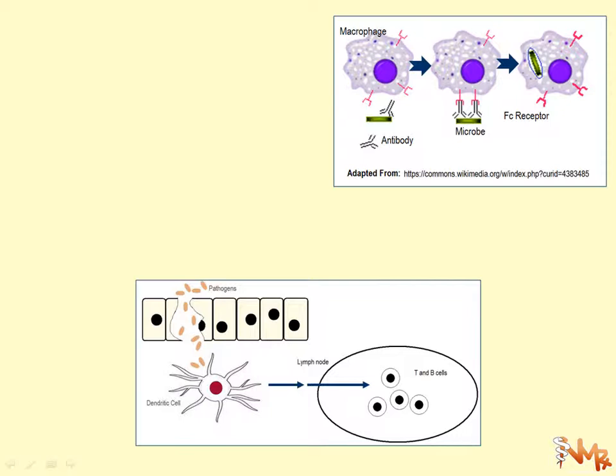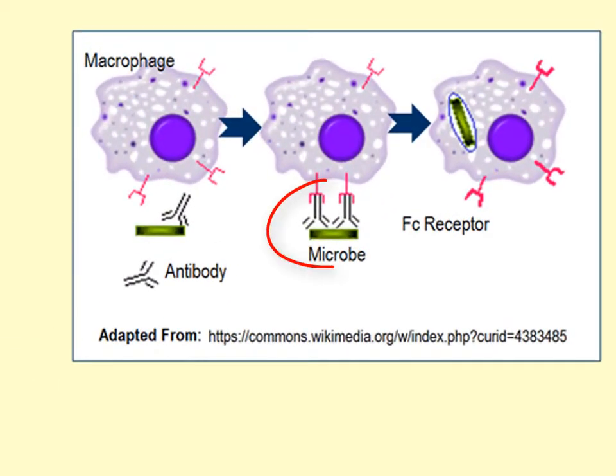In these two diagrams, I'm showing that the macrophages have these Fc receptors on their surface. That's where the antibody attaches to these Fc receptors. And then the antibodies that I'm showing here have a binding site for the pathogen. The antibodies then can grab the microbes or the pathogens. And then these macrophages are going to internalize the bacteria and do phagocytosis.